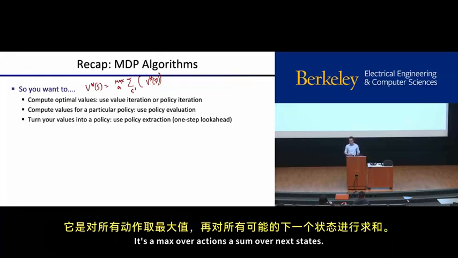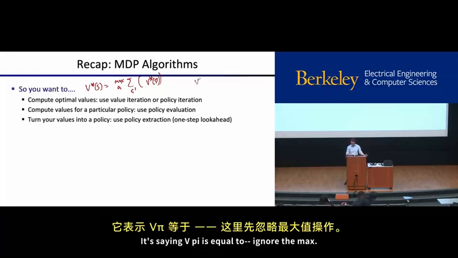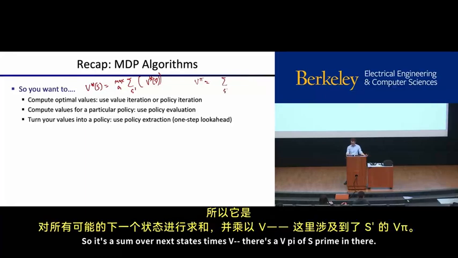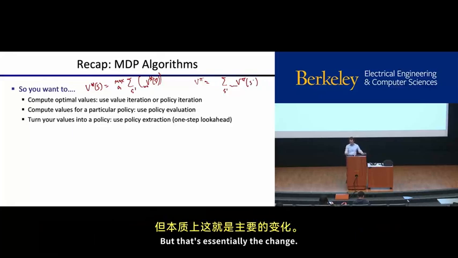Okay? So policy iteration has two steps. It's saying v pi is equal to, ignore the max, so it's a sum over next states times v. There's a v pi of s prime in there. There's also other stuff, like rewards, but that's essentially the change.